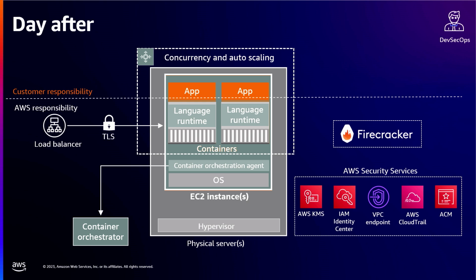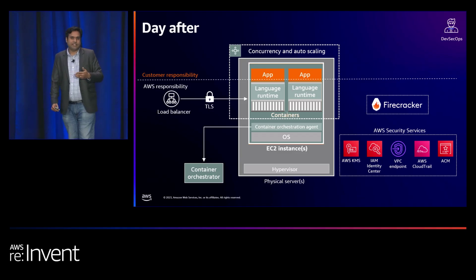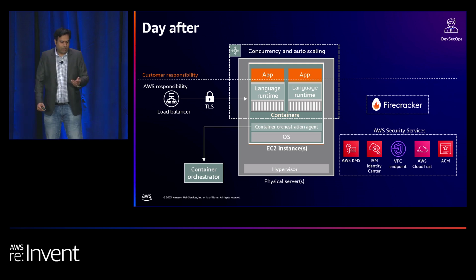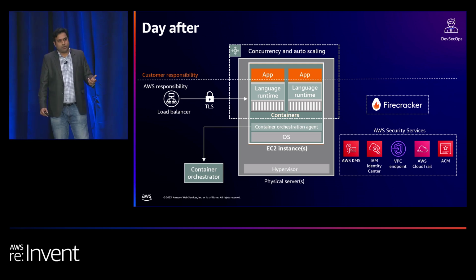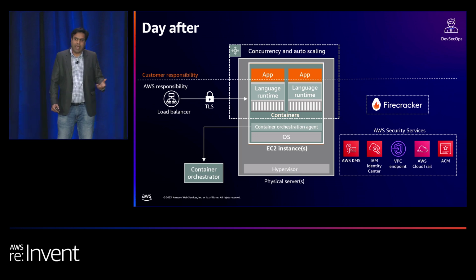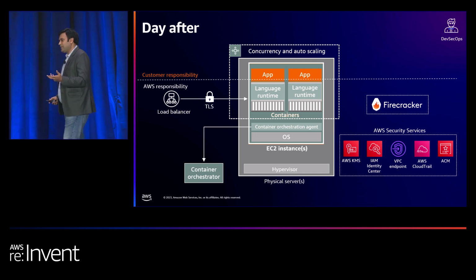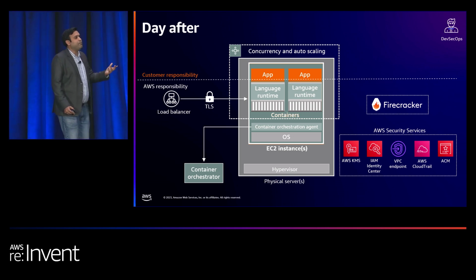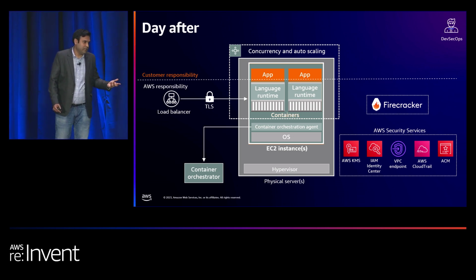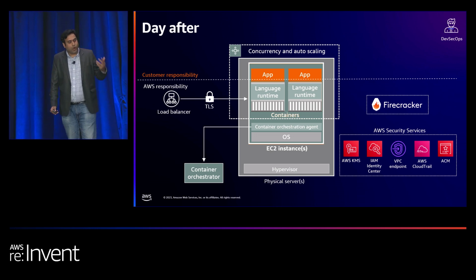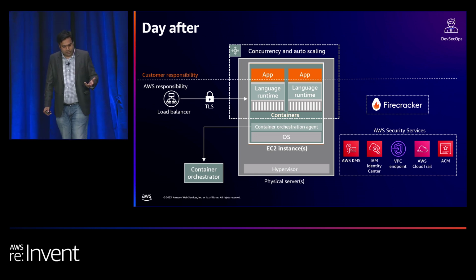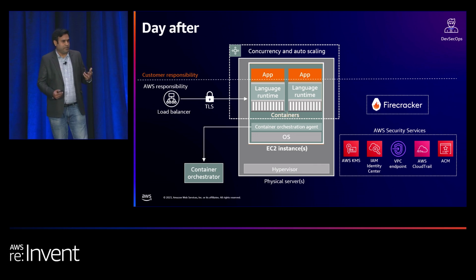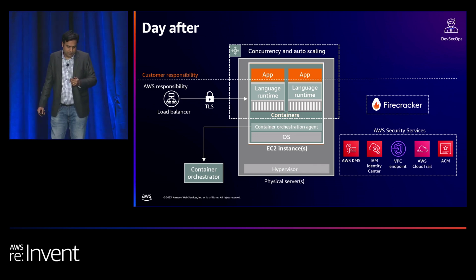If you look into concurrency and auto-scaling, as Prakash mentioned about the scalability of App Runner, the way App Runner works is you define the number of concurrent requests for the App Runner, and once that concurrent request threshold has been reached, it will scale up a new App Runner instance. So you define those, and it will automatically scale your App Runner instances based on the configuration that you set. So you don't have to manually go and scale up your applications.